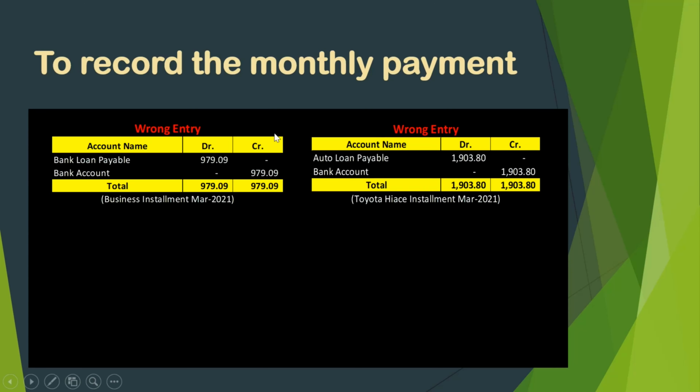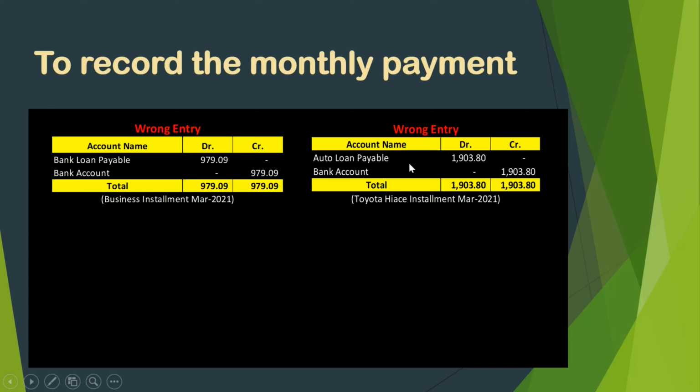So normally what accountants do, they pass these wrong entries. For the business loan they will just debit loan payable with the total amount of the installment, and credit the bank account. For your bank account this entry will be correct, your bank ledger will give the correct result, but if you debit loan payable by the total amount of 979, this is wrong.